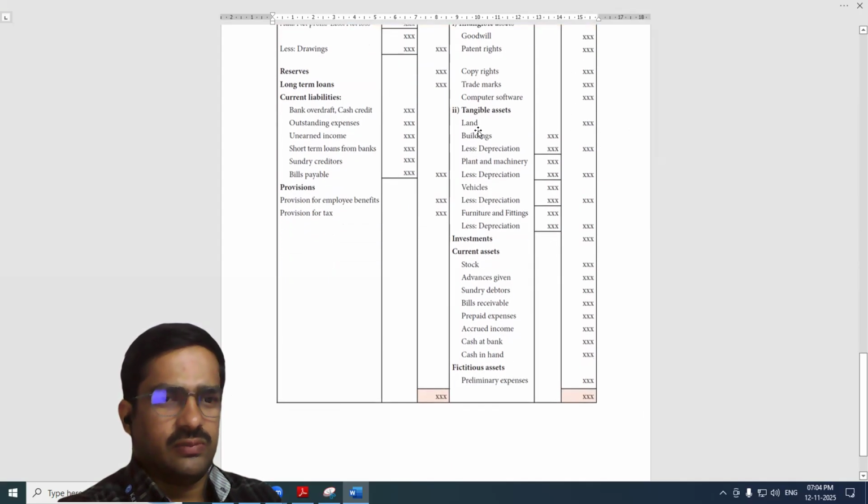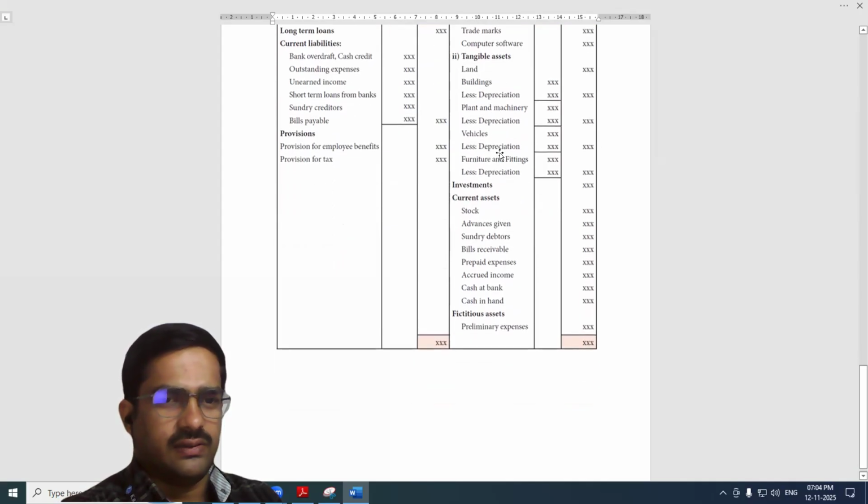Tangible assets: if there is an adjustment like appreciation or depreciation, if any asset has depreciation, we are going to subtract the value. If there is an appreciation, we are going to add the value.